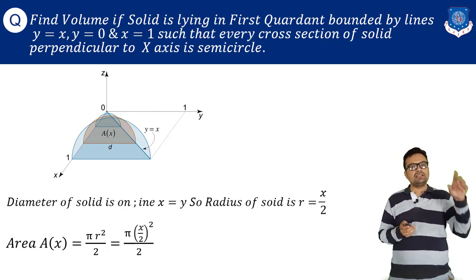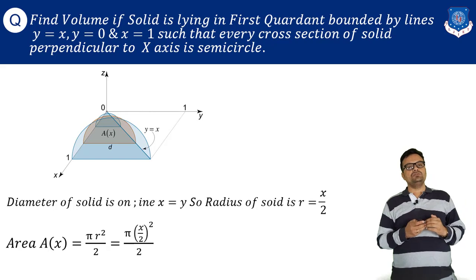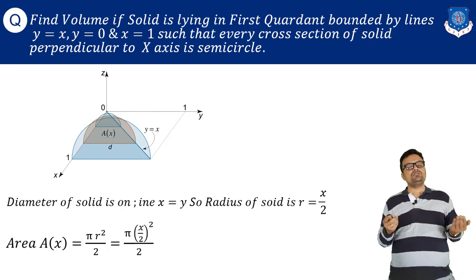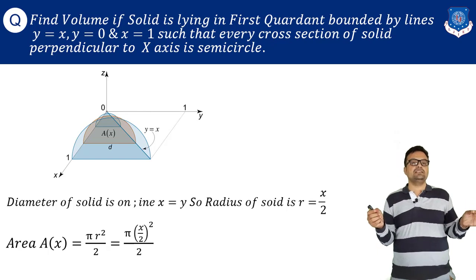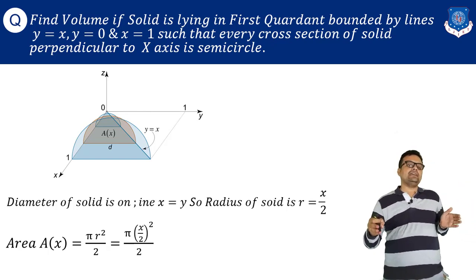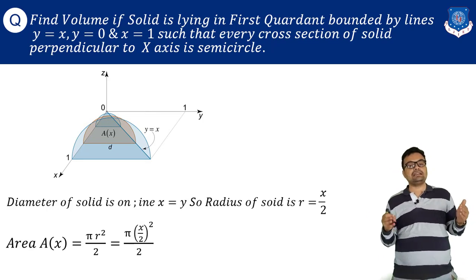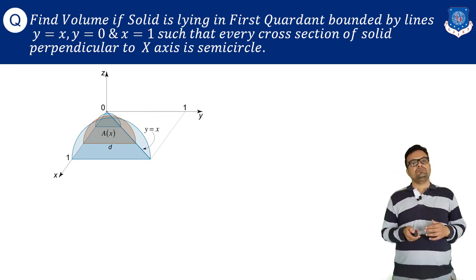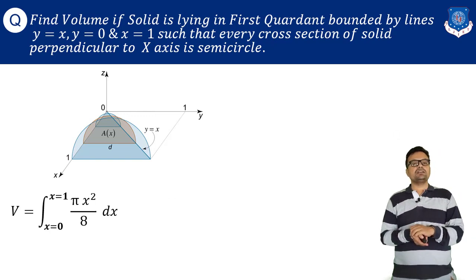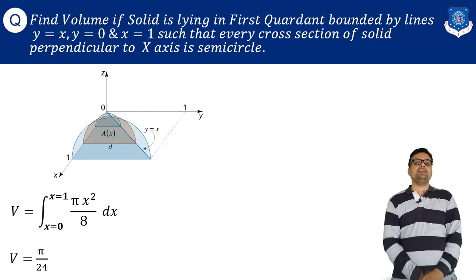I am taking the full circle pi r square and dividing it by 2. The radius is nothing but x by 2, as the length of this diameter is starting from x equal to 0 ending at y equal to x. So it is x by 2. And then if I put this value into my formula, integral a to b A(x) dx, it is pi x square by 8. So my final answer is pi by 24.